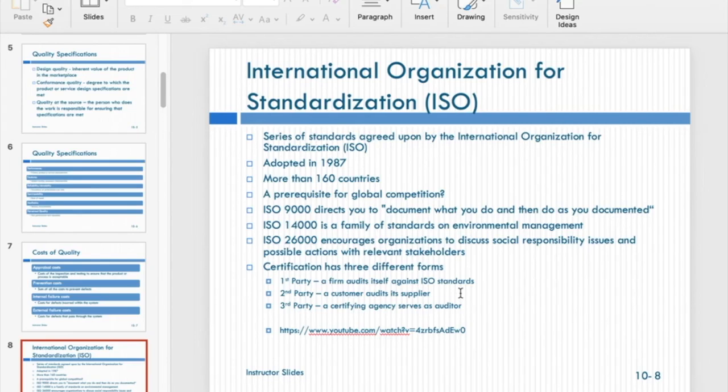Another issue is that sometimes a firm doesn't want to disclose some information to the customer. But in order to make a thorough quality management from the customer's point of view, they have to get some information. So that will have some conflict between the customer and the firm. That's why no matter whether it's the first way or second way, probably it is not the best way of using ISO 9000. That's why right now, most firms are actually using the third way.